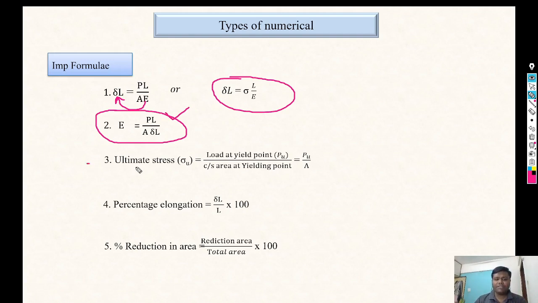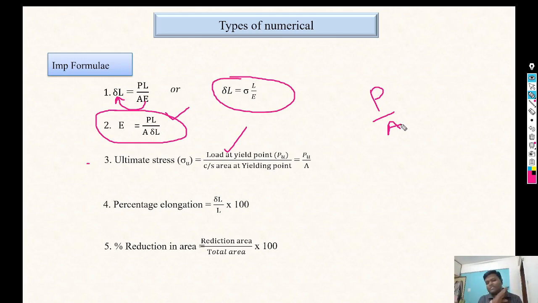Third, ultimate stress. Okay, while calculating ultimate stress, we have to consider the load at yield point divided by the cross section area at the yielding point. So basically we know that stress is equal to P by A, but sometimes we have to calculate the stresses at different levels. Already we have discussed the stress variation in the stress strain curve diagram: initial point, final point, upper yielding point, lower yielding point, ultimate point.